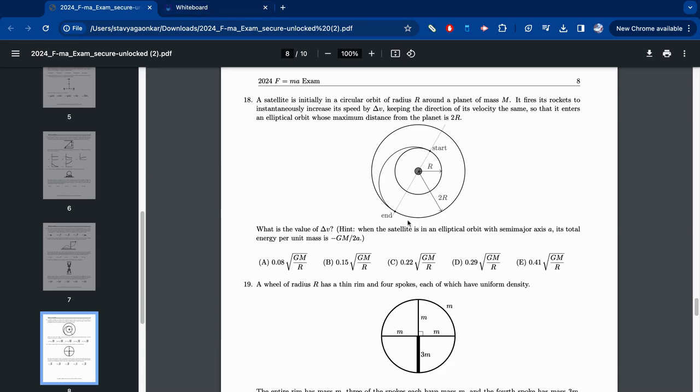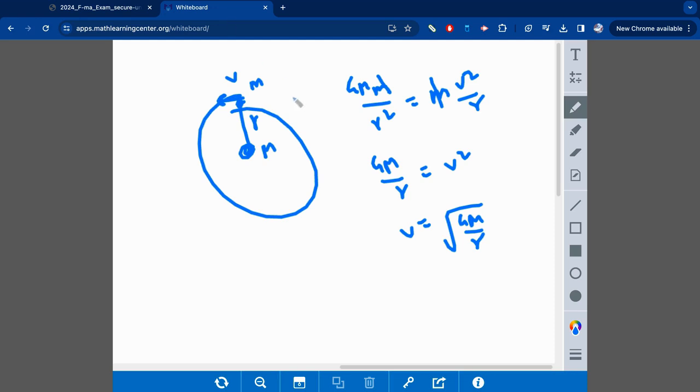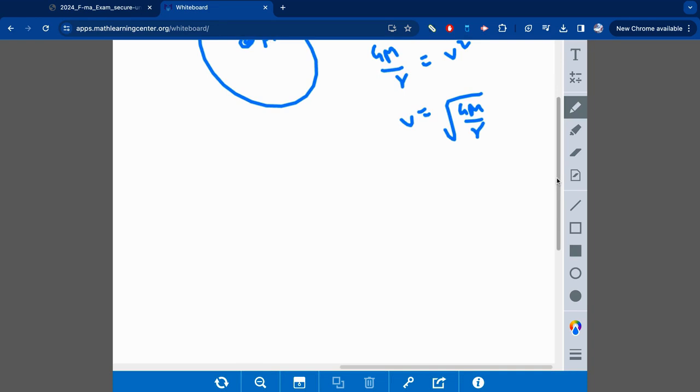Now in an elliptical orbit, what's the new velocity going to be? For that, we can use energy. Basically it went from this to now it's like this.